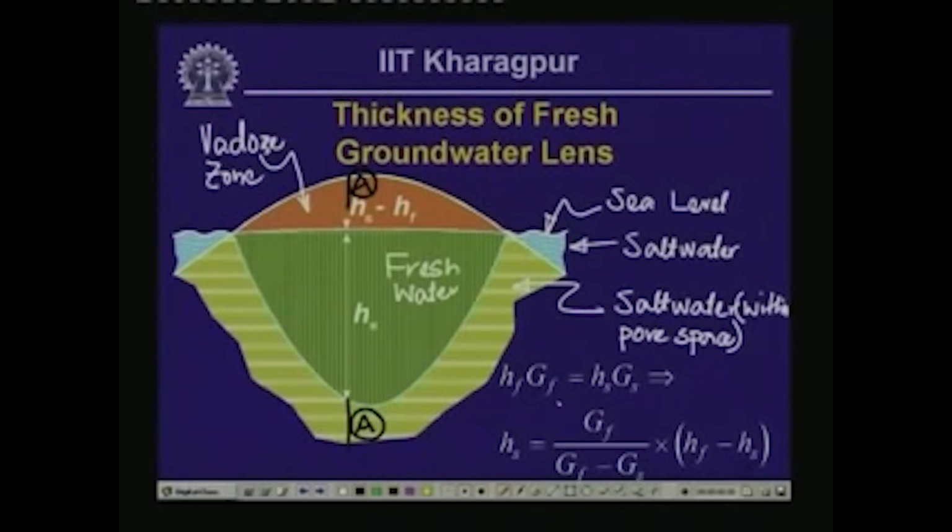Let's say the salt water has a specific gravity of G subscript S, and fresh water has a specific gravity of G subscript F. So what that gives is H subscript F multiplied by G subscript F is equal to H subscript S multiplied by G subscript S. If you rearrange this, you get H subscript S equal to G subscript F over G subscript F minus G subscript S multiplied by H subscript F minus H subscript S. Actually, here there is a mistake which you should take note of.